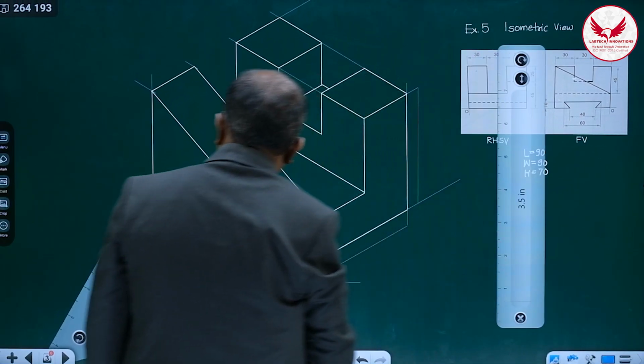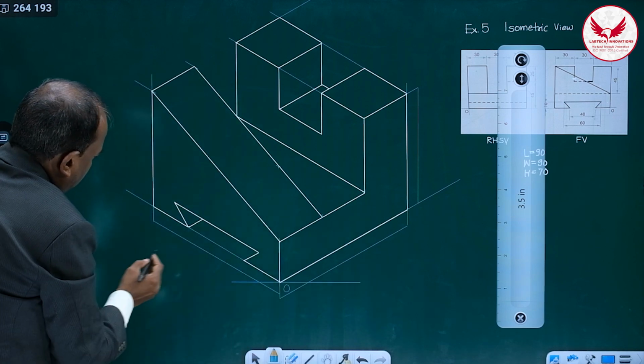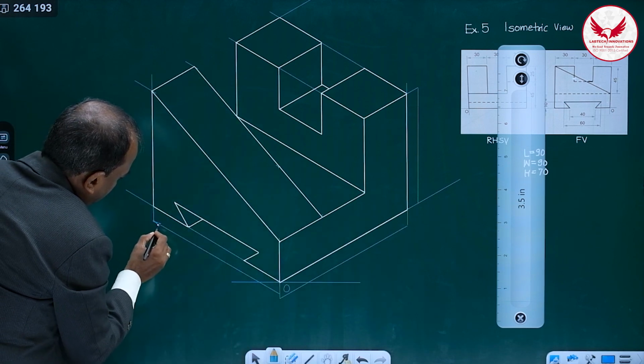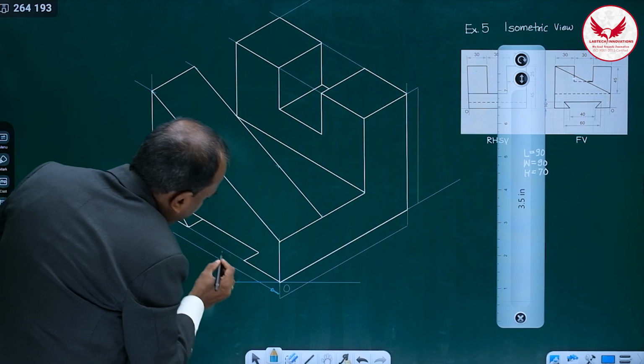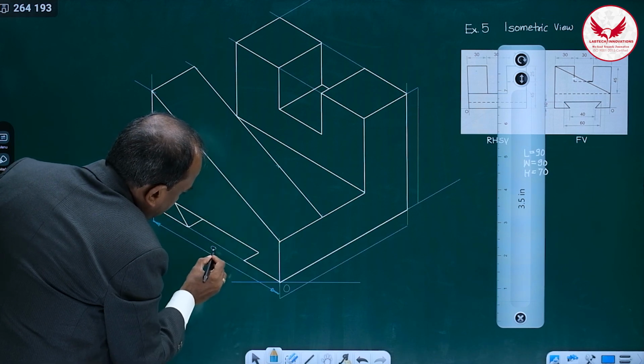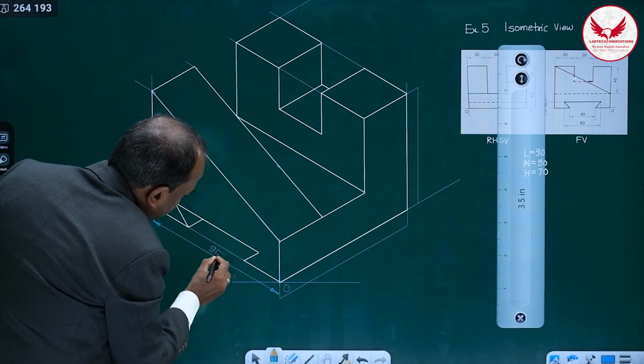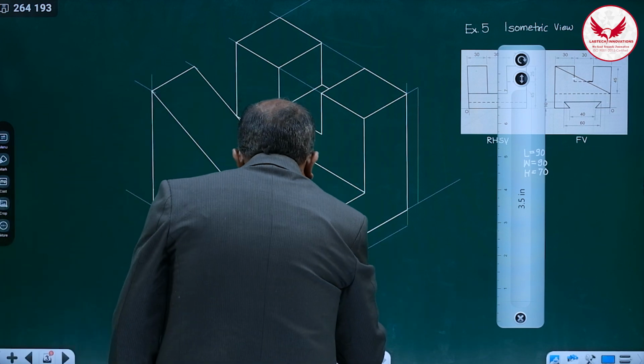Like this. Neat arrowheads require practice. It is 90, which is going to be the length.